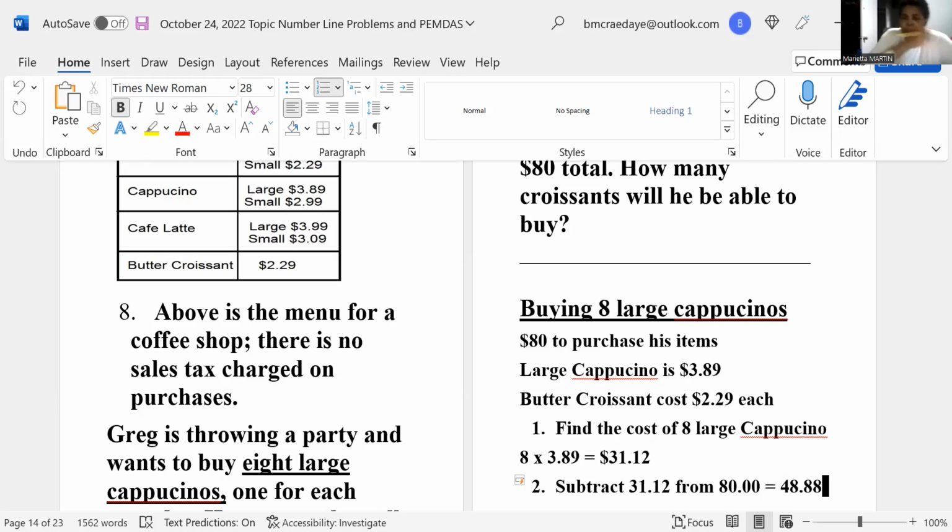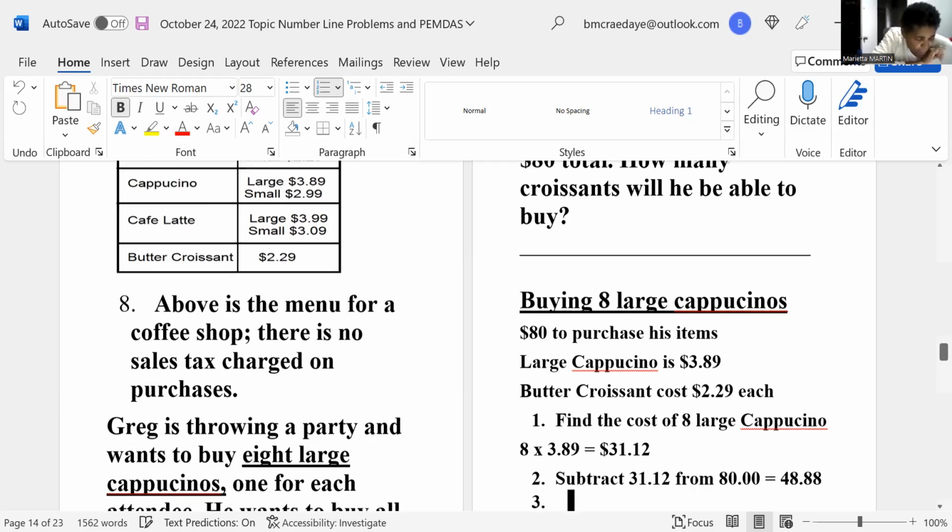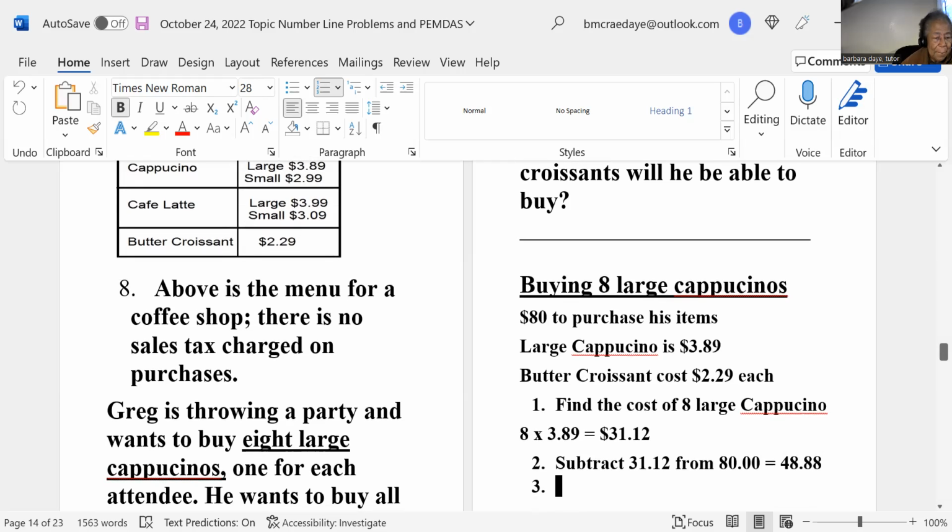Find how many croissants you can buy. Yeah. What would be your next step? What operation? The 2.29 to the 48. You multiply.